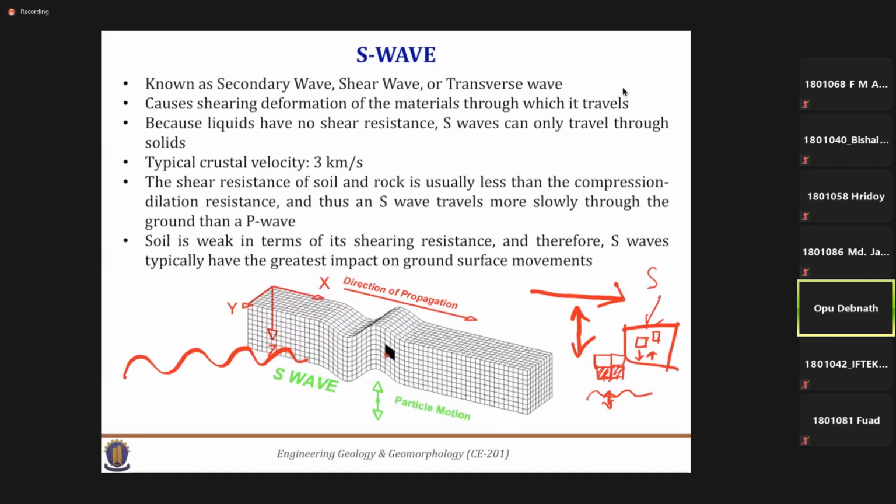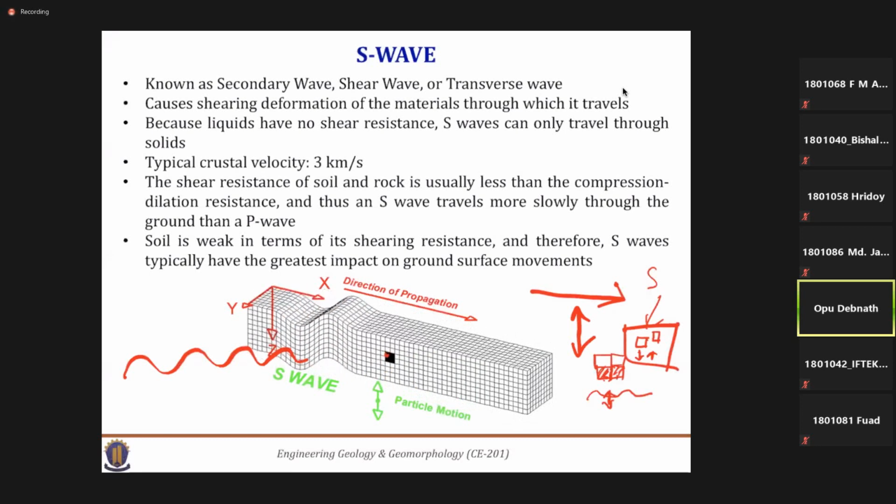In the previous one, those faced compressional stress, or in this case it will be shear stress. But as we know, liquids or gases have no shear resistance. That means liquids and gases do not face any shear stress, and there is no shearing resistance.